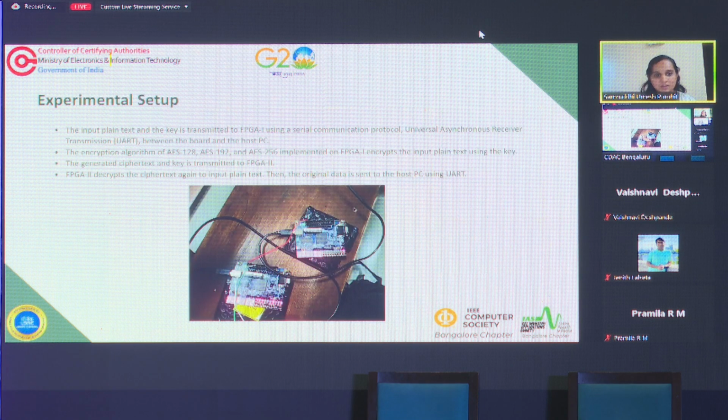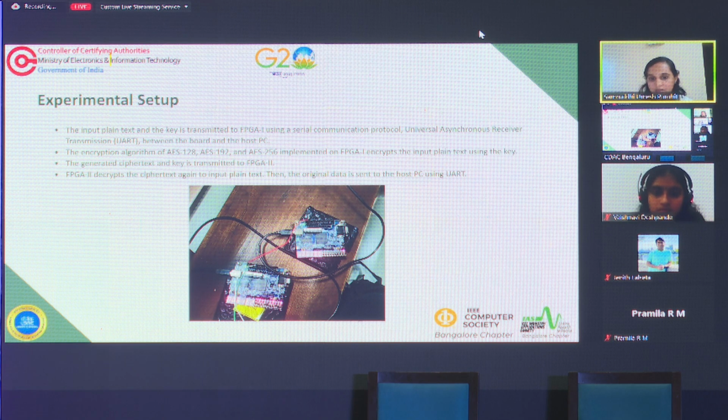The next is the experimental setup. We took two Intel DE10 Lite FPGA boards and connected them to two host PCs. One host PC sends the key and the plain text to the FPGA board, and that FPGA board does the encryption, using AES 128, AES 192 or AES 256.